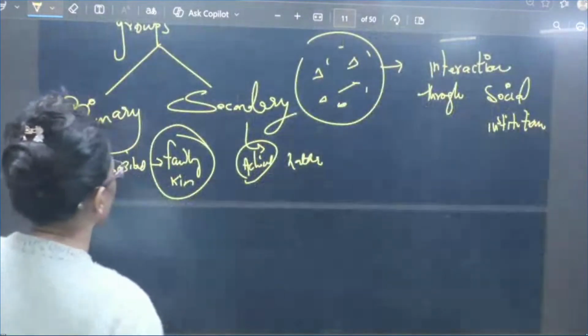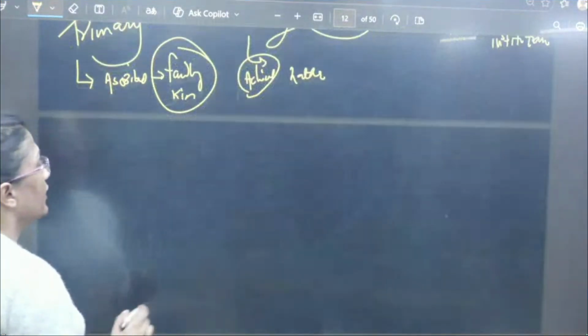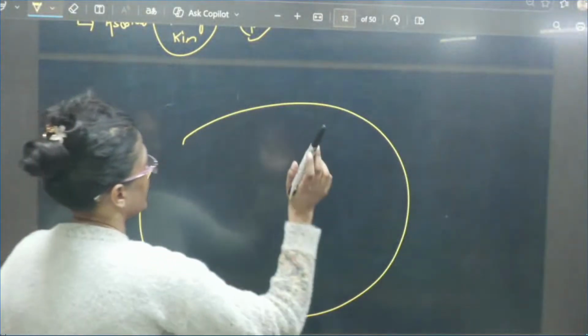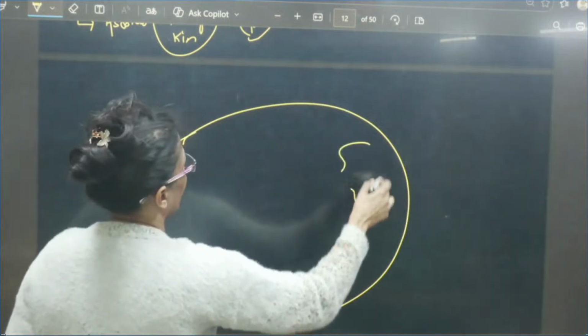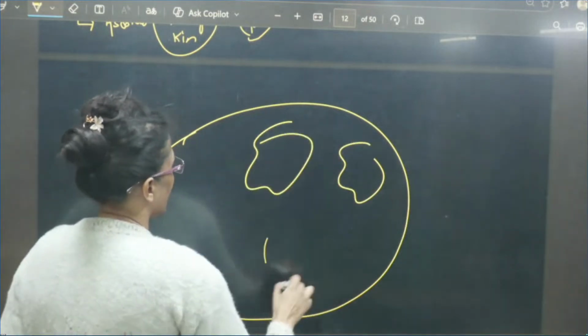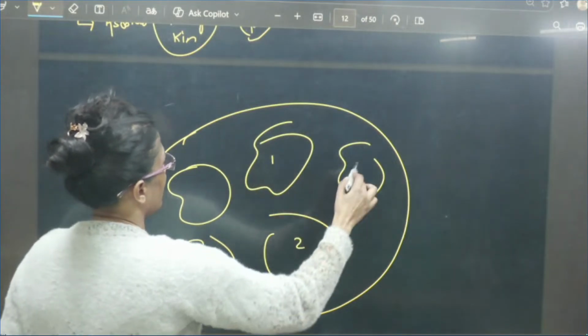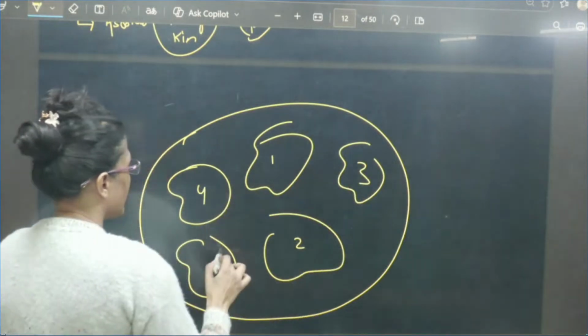So see, let's just say we are having a society. ये हमारा society है, and there are different groups. Let's just say here we do have 5 groups.